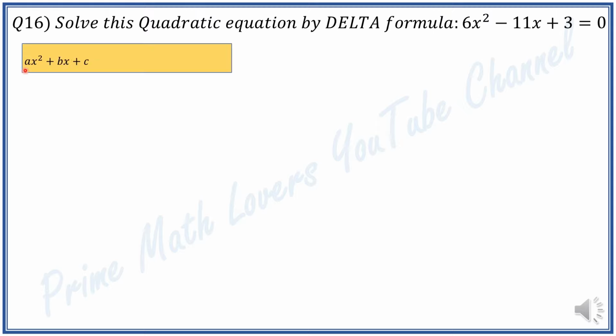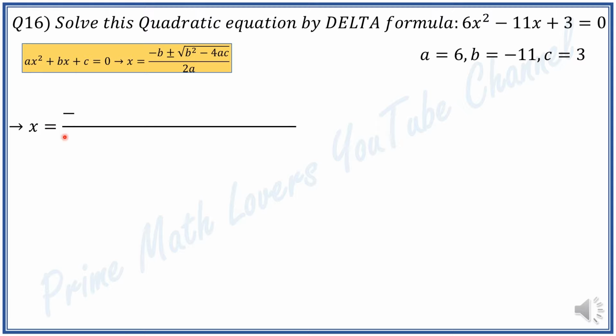The delta formula states that for a quadratic equation ax squared plus bx plus c is equal to 0, x is equal to minus b plus or minus square root of b squared minus 4ac, all over 2a. So in our equation, a is equal to 6, b is equal to negative 11, and c is equal to 3. We replace these numbers in our formula.